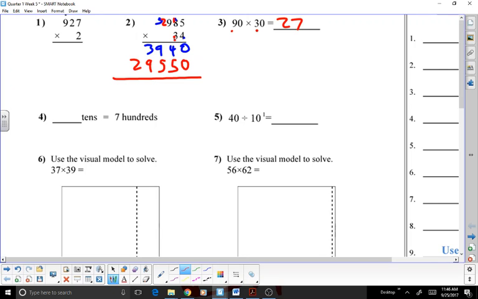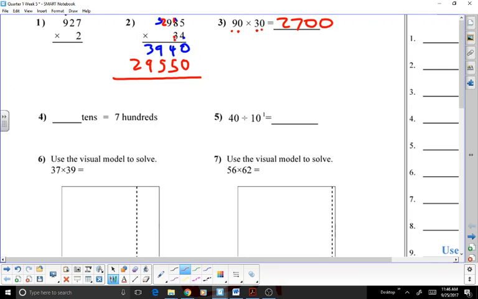And then how many zeros are in my problem? Sophia? 2. So I'm going to add those 2 zeros to my basic fact, and I get 2,700. So you should get 1 right tonight.